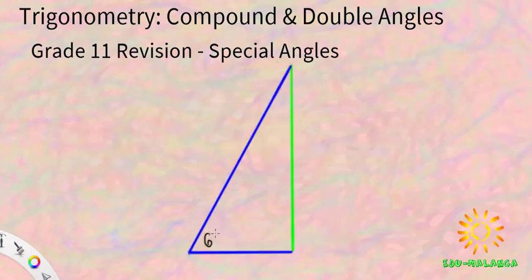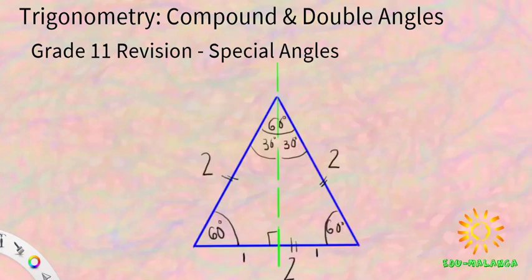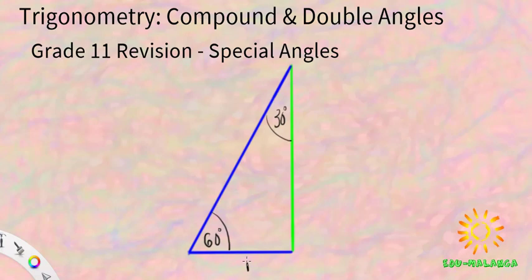Remember, we have 60 degrees, that's our angle over here, and we have 30 degrees, and then the sides were halved. We went from having 2 units to 1 and 1, so this will be 1 unit, and over here the side stays the same, that's equal to 2. We also know that this angle is 90 degrees, and what are we missing?